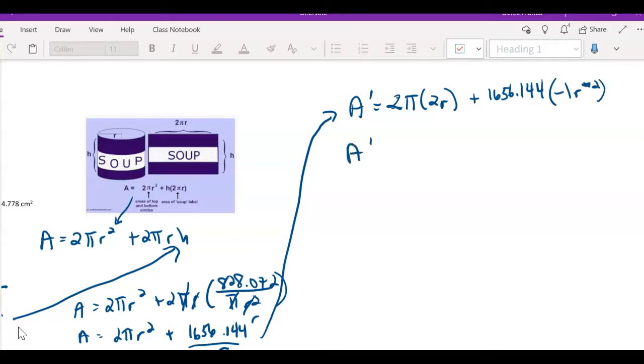I want to rewrite this a little bit. And this derivative is now what I'm going to try and find critical numbers for.